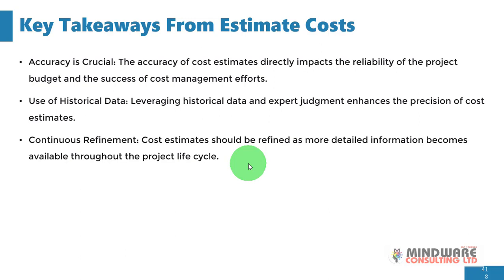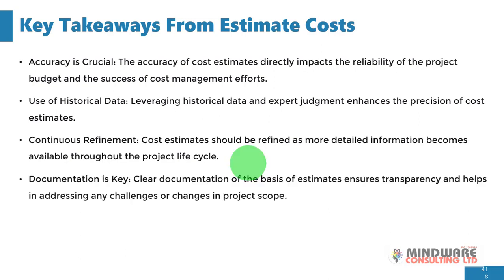What we'll call elaboration, process elaboration. As the project moves on, you are elaborating, you are iterating, improving, refining and defining your activity based on new information. Documentation is key.